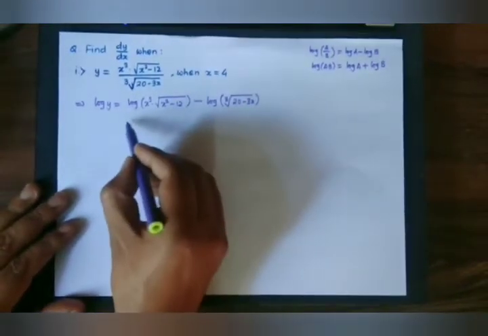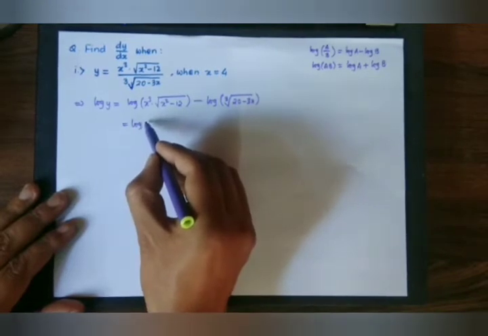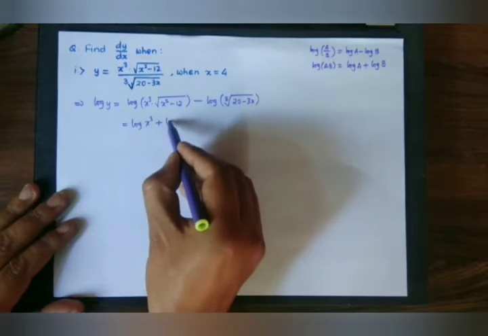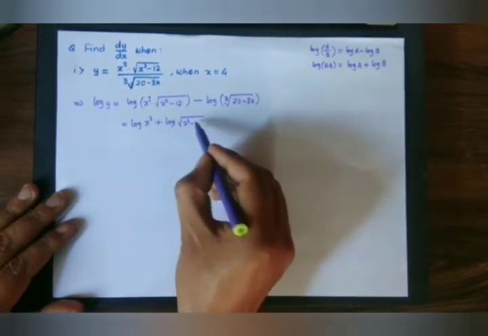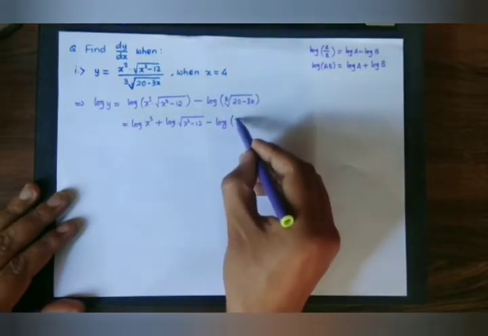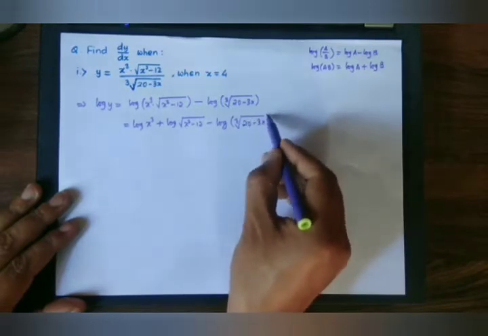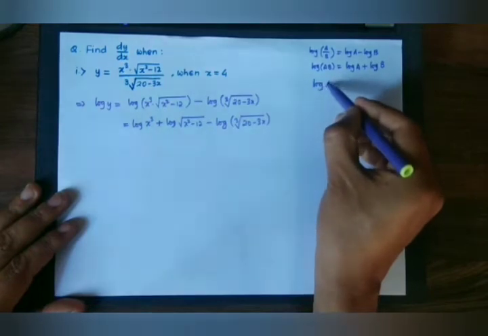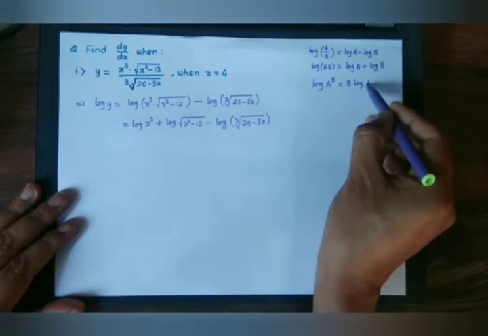So we have log x cube plus log square root of x square minus 12 minus log cube root of 20 minus 3x. Now there's one more formula which can be used here. So log a to the power b can be written as b log a, right?